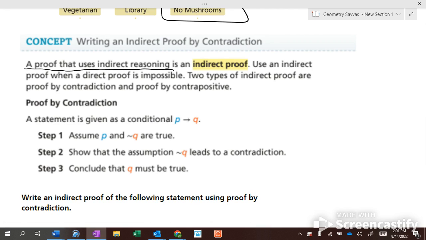We're just going to worry about the contradiction one today. We're not going to worry so much about the contrapositive. So a proof that uses indirect reasoning is an indirect proof.